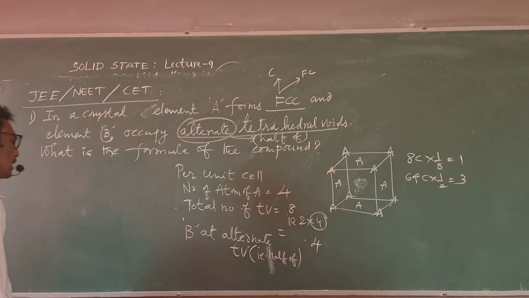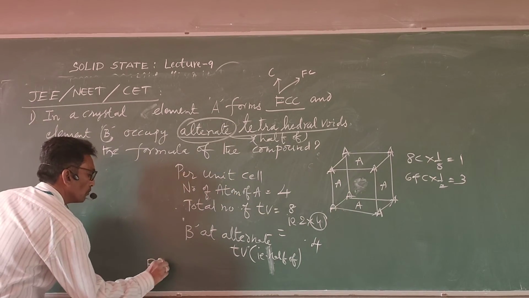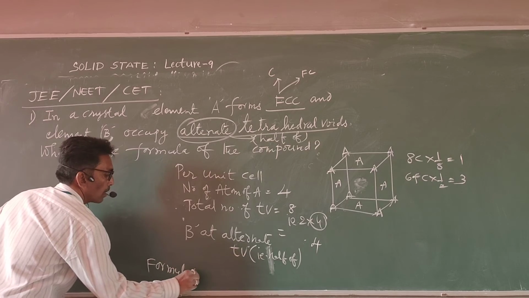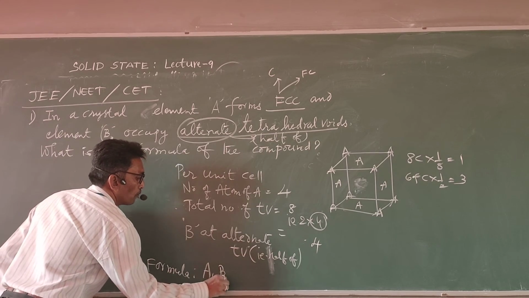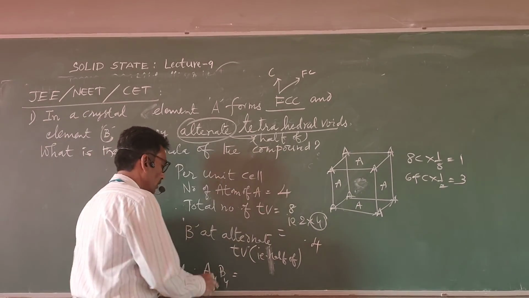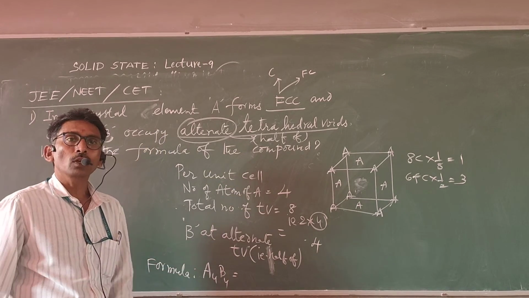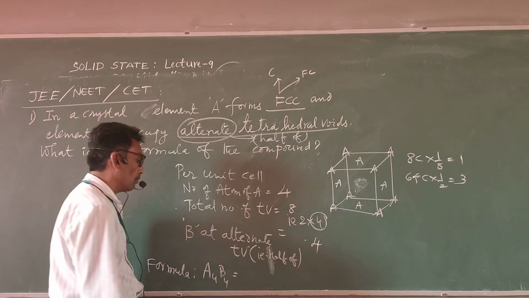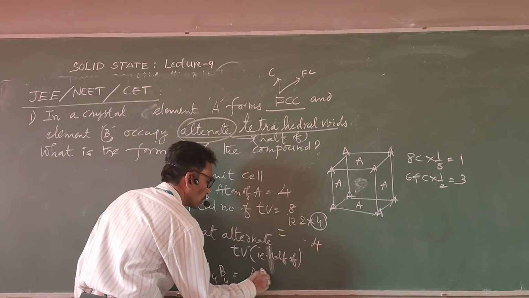Hence the formula is A4B4. If this option is not available, then the empirical formula, the simplest ratio of atoms of elements in the given compound, is AB.